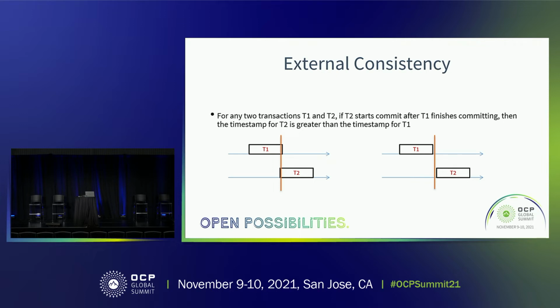That's much easier to reason about. What is external consistency? External consistency is a strict ordering of the transactions. So when a transaction ends, the transaction that starts after that clearly sees the results, and more importantly, has a timestamp that is strictly higher than the timestamp of the transactions that finished before.